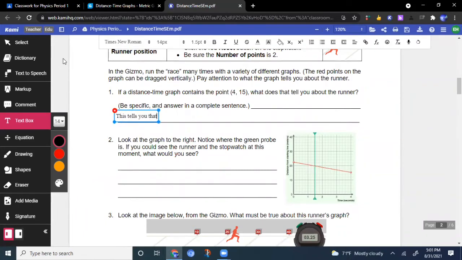This tells you that after 4 seconds of running, the runner was 15 meters from the starting point.